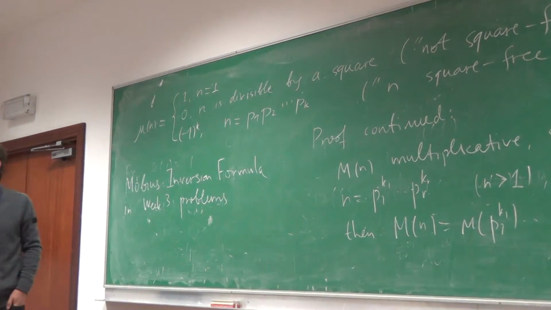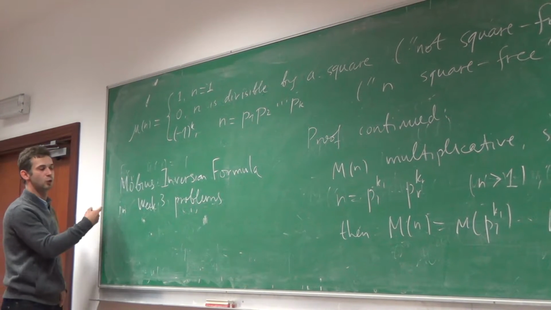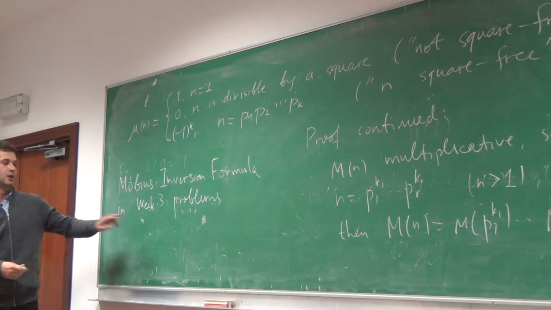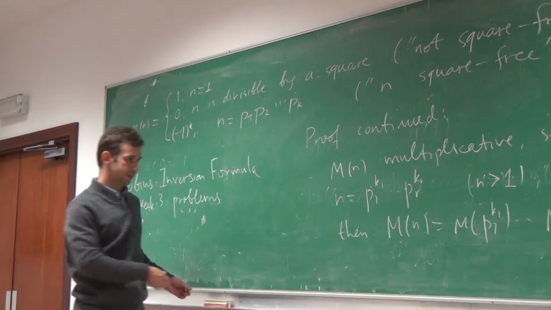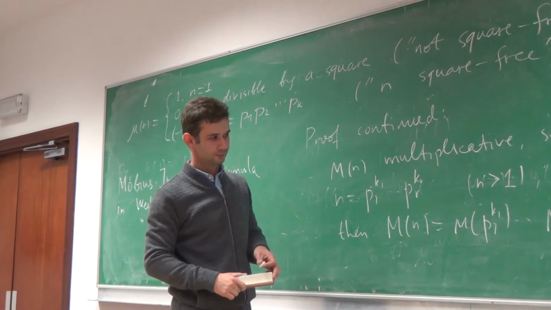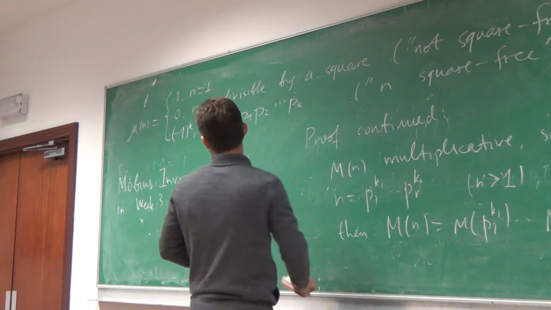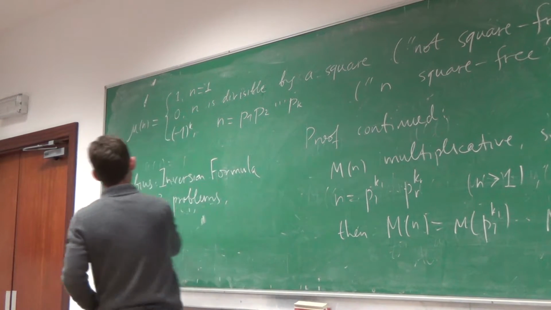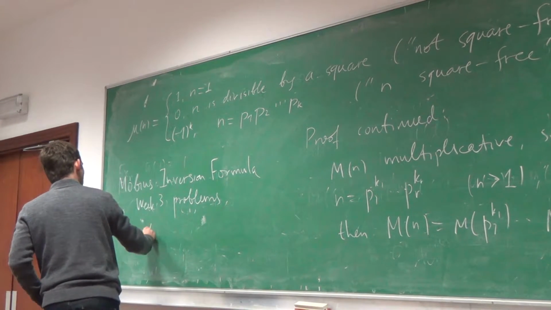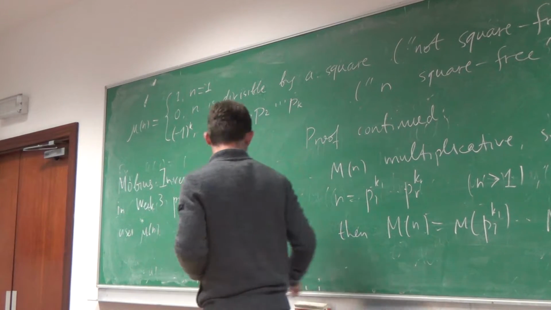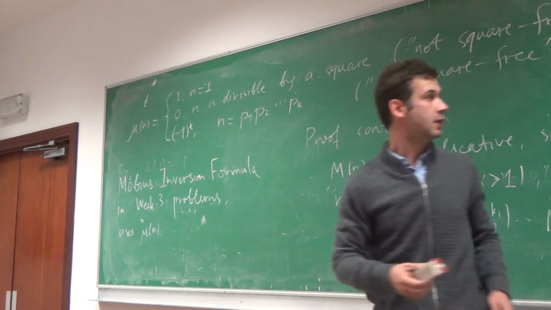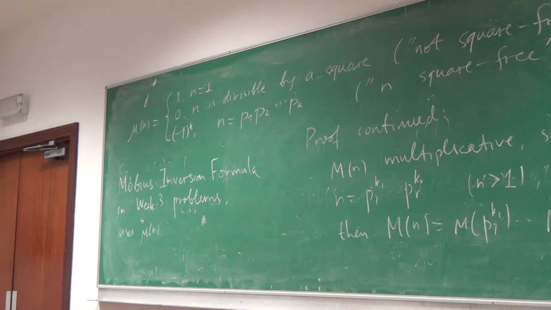The statement used to be in the notes and I used to prove it, but I decided it would be better to leave it. It uses mu of n, and that's why I bring it up here. So this is done. All the values are 0 except for the one. It's kind of fun, I don't know.